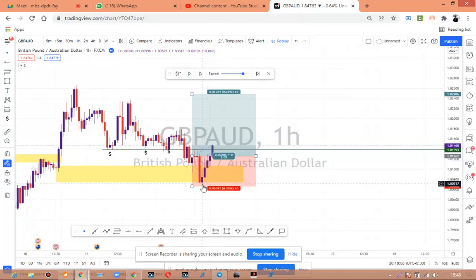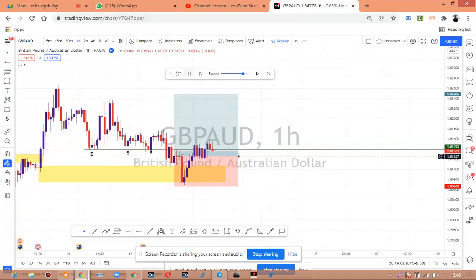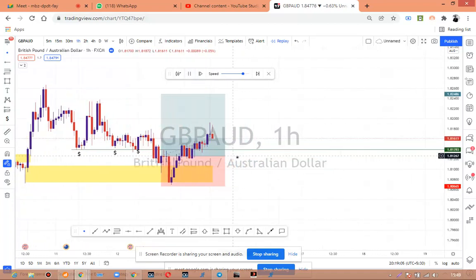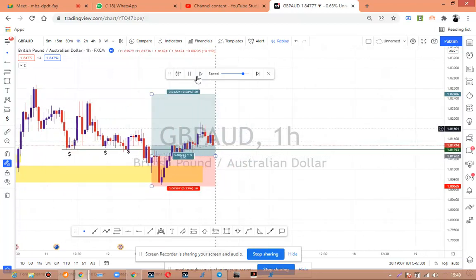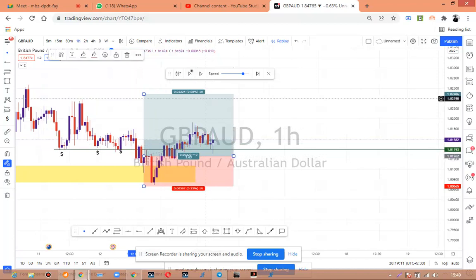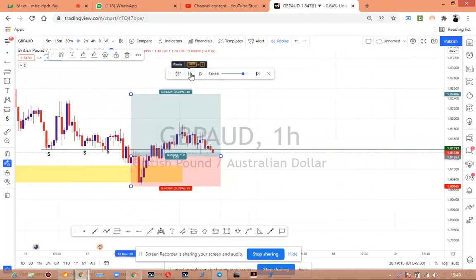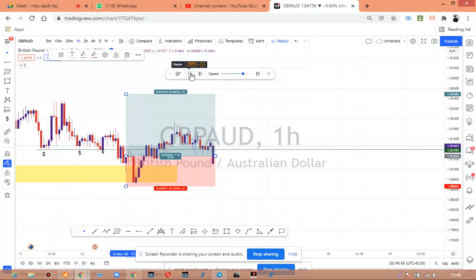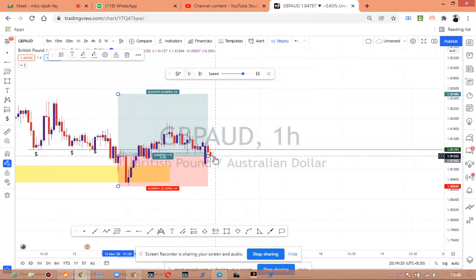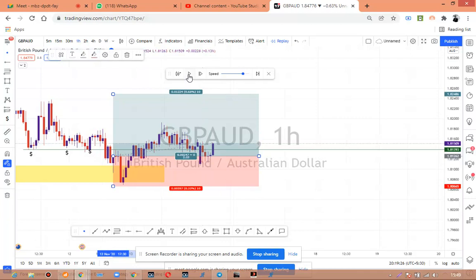Okay, the market almost came back again to hit the stop loss and buyers took over. Again, the market is still moving to the upside, still ranging, moving sideways.